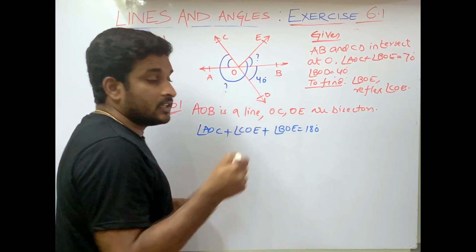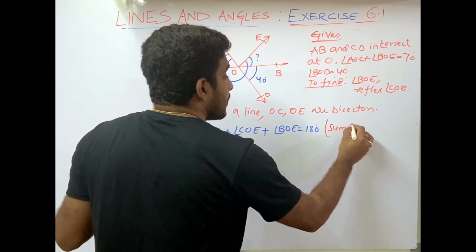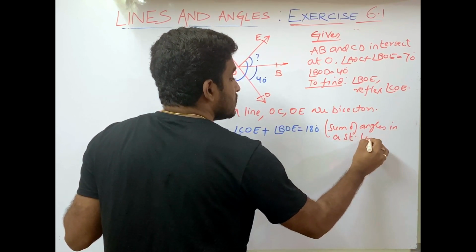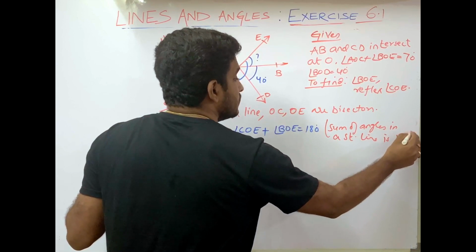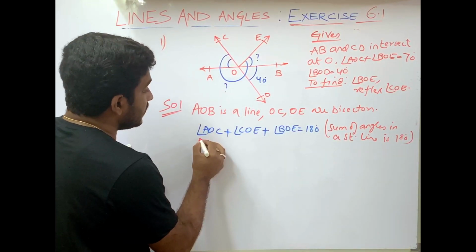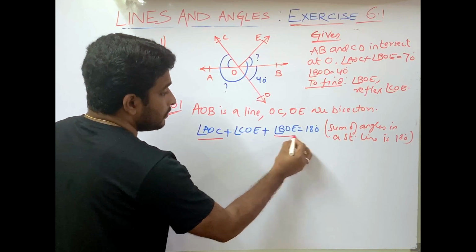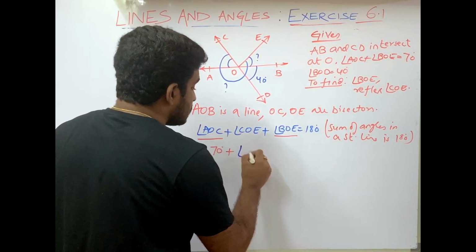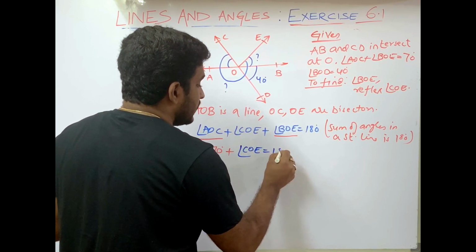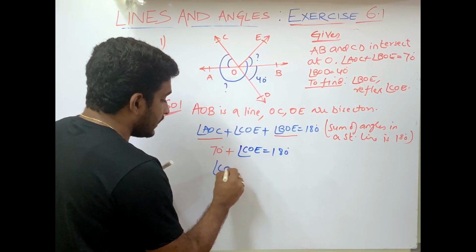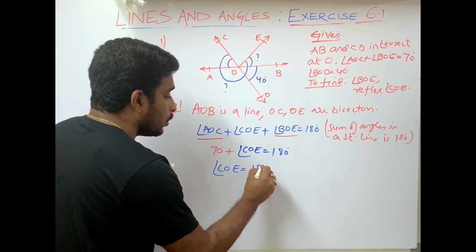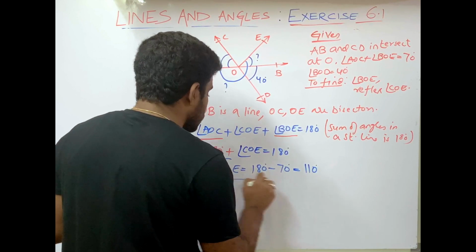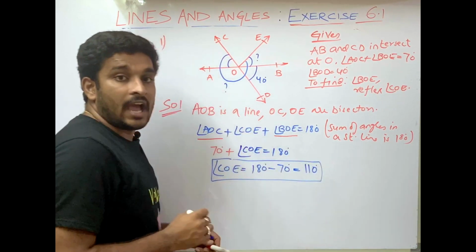The reason is sum of angles in a straight line is 180 degrees. Now, angle AOC plus angle BOE they gave us 70 degrees, plus angle COE equal to 180 degrees. That shows angle COE equal to 180 degrees minus 70 degrees equal to 110 degrees. That means 110 degrees is angle COE.